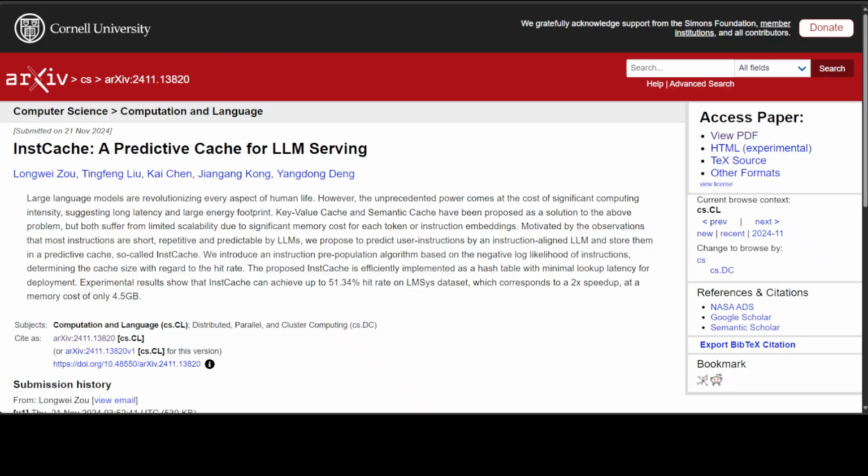So if you just want to say what exactly InstCache is, it is based on the observation that most instructions are short, repetitive and predictable by LLMs. And this involves predicting user instructions by an instruction aligned LLM and storing them in a predictive cache. Now, there is a lot of other information which is scattered throughout this paper.